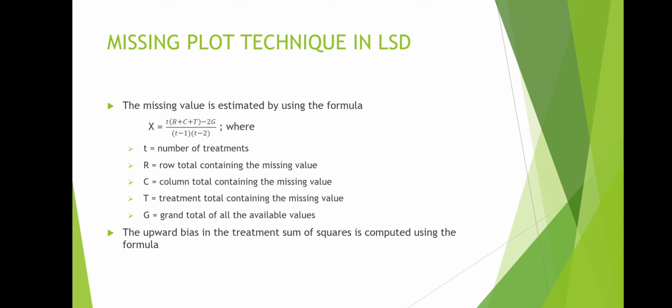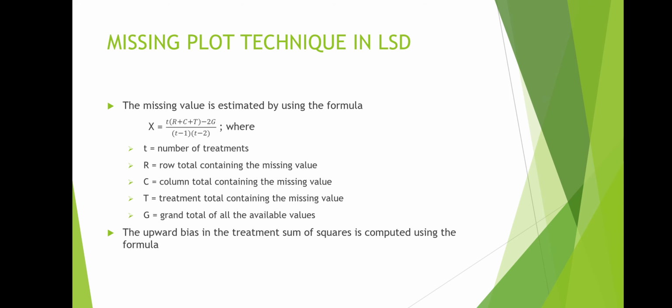Now there is another formula for missing plot technique in LSD, that is Latin square design. So we know in Latin square design we have different sources of variation, one due to treatment, one due to rows, one due to columns, one due to errors. So there are certain notations in the formula.